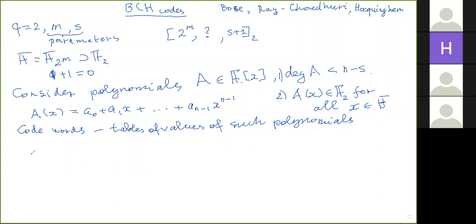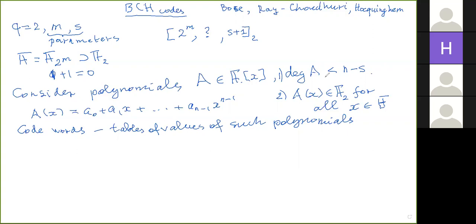First of all, the problem is that this second condition, that a of x belongs to F2, is expressed in terms of the values of our polynomial. And the first condition is expressed in terms of its coefficients. It is difficult to understand how they interplay.